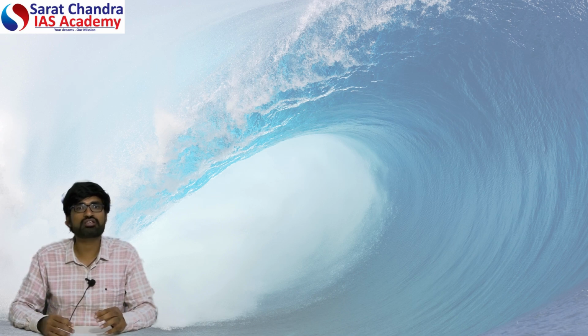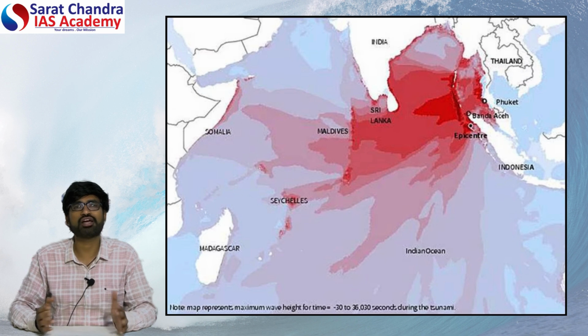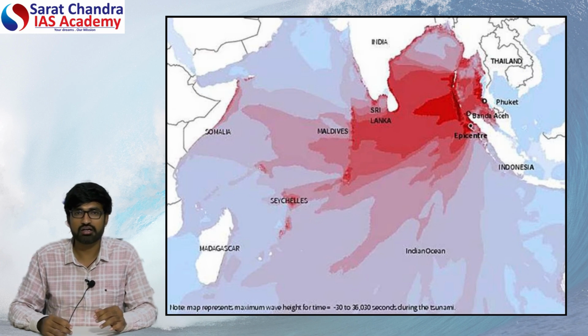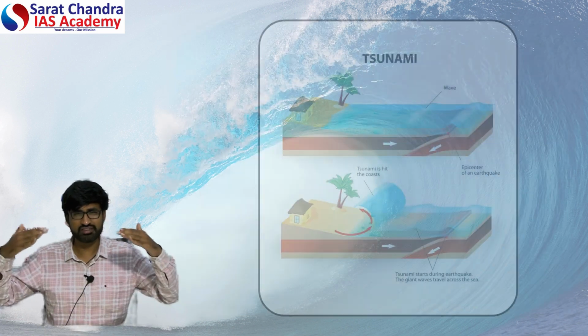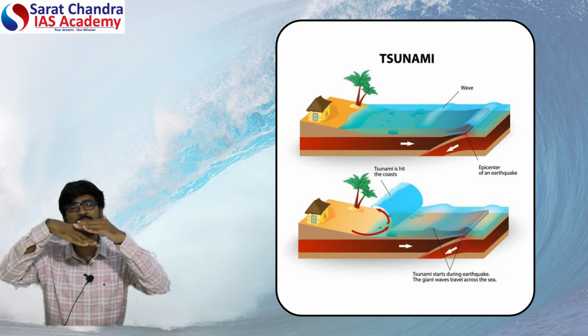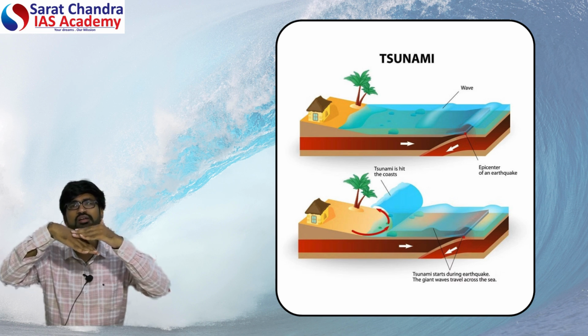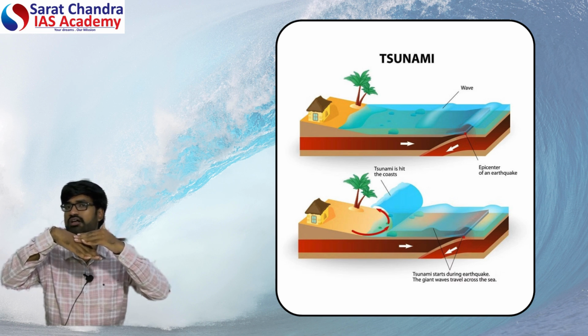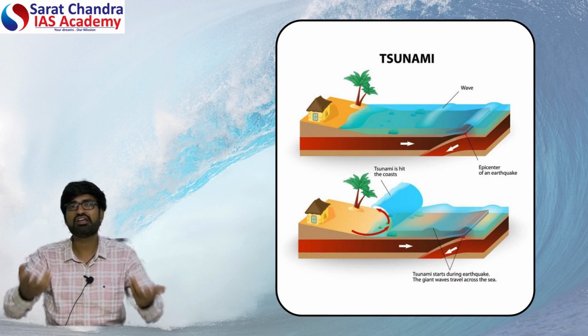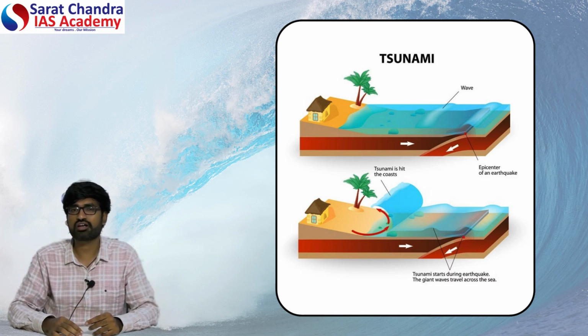Indonesia is part of the Pacific Ring of Fire, a region where convergence and divergence of different plates happen. Here the earthquake occurred because of this convergence and the subduction of one plate under the other plate, because of which the earthquake occurred and that led to the creation of tsunami waves near the Sunda Trench.